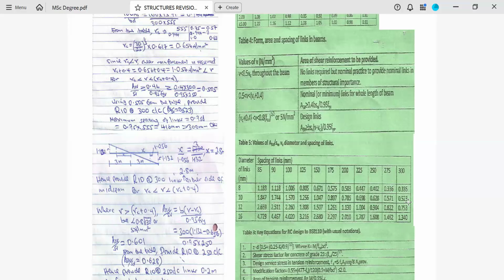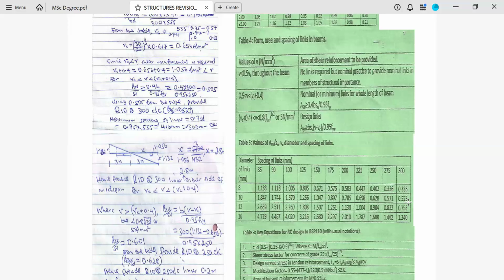Both are 3 meter from the midspan, because the beam is a total of 6 meter. But now we want to determine where the reinforcement will end, because if we take VC plus 0.4, we get something close to 1.056 Newton per millimeter squared.